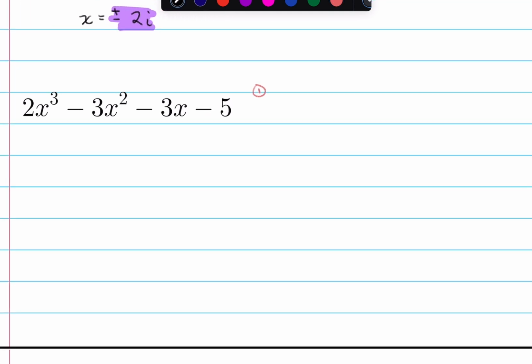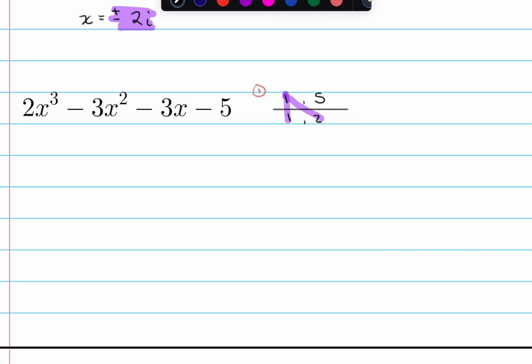So this time, when we do this, I have 5. So I'm going to do 1 and 5. Those are the only 2 factors of 5. And then my Q is 2. The only factors of 2 are 1 and 2. Okay? So remember, that means I'm going to put 1 over 1 and 1 over 2.